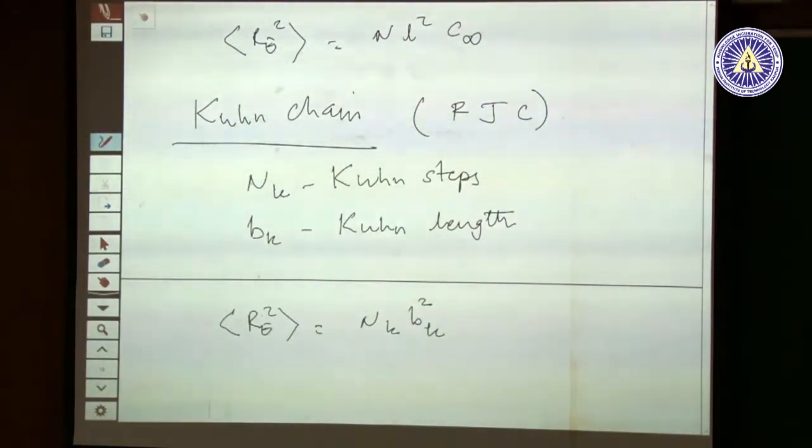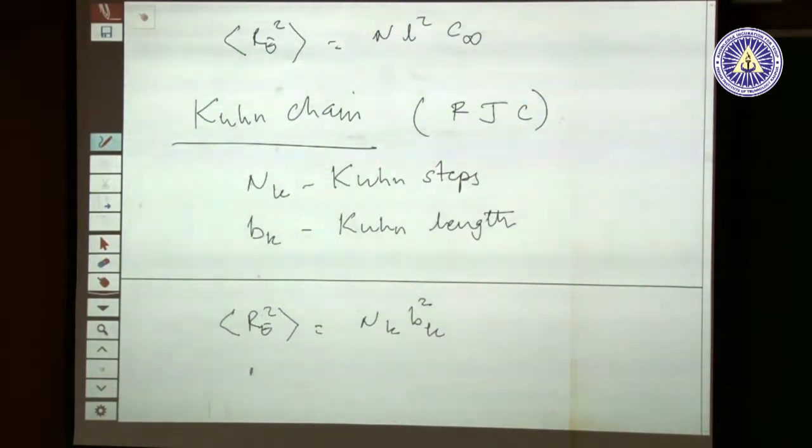Now why are we doing this? Because we are interested in large scale properties. As long as I represent my polymer with a model that can capture the large scale properties, I am not so worried about the local details, and that is why I am coming up with another model, which I call a Kuhn chain, which will have the same Re squared.